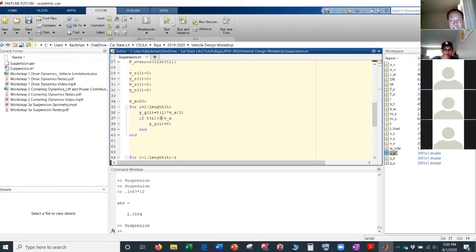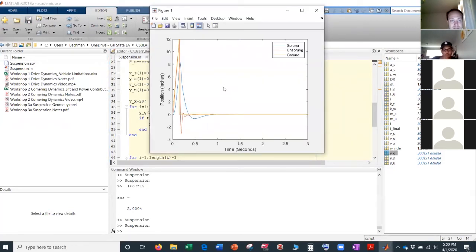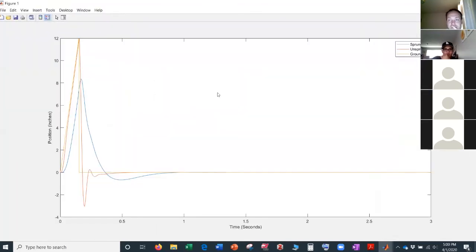So let's see. All right, so this is a 1 foot jump, basically, right? So here's the 1 foot jump. It hits, comes back down, right?